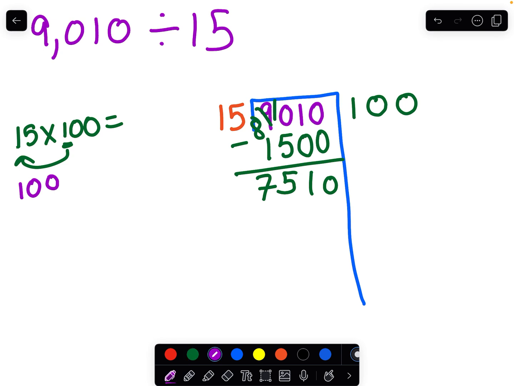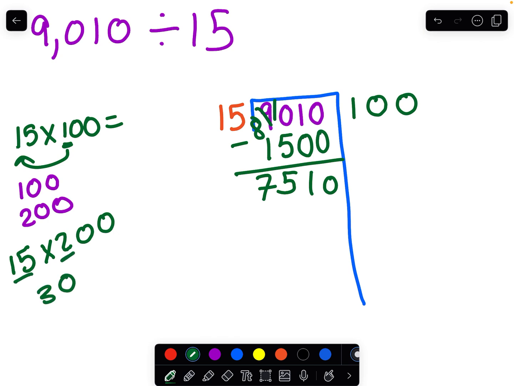I could keep multiplying by 100, or I could try to go a little higher to get to my answer a little faster. Well, I could do 200. Because I know multiplication, I know that 15 times 200, again, we're dealing with friendly numbers. Well, 15 times 2 is 30, and then I tack on these zeros at the end, which gives me 3,000.